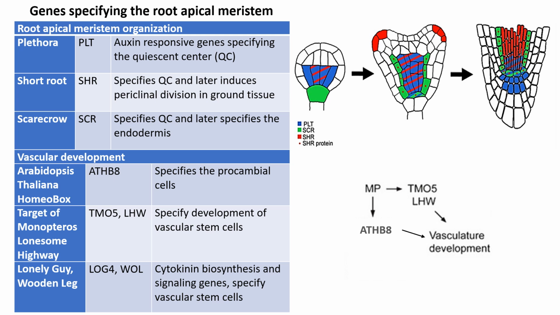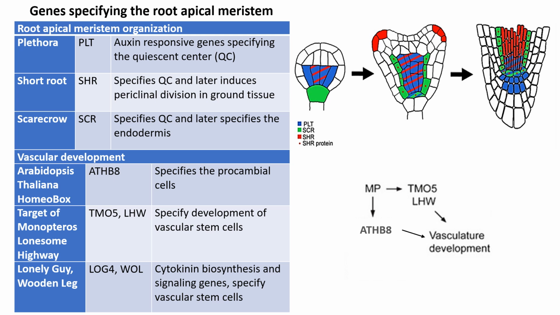Like the shoot apical meristem, a number of genes are involved in specifying the root apical meristem. These genes are expressed very early, right from the formation of the globular embryo. The plethora genes are the first group of genes which are expressed in the globular embryo, and they are auxin-responsive genes which are expressed in the procambial and the cortical region, the ground tissue region of the globular embryo.